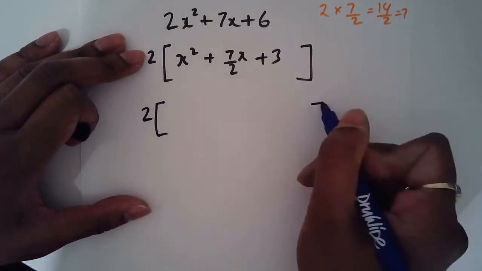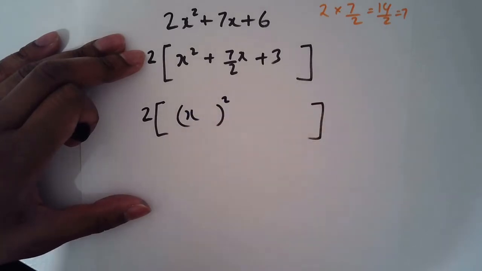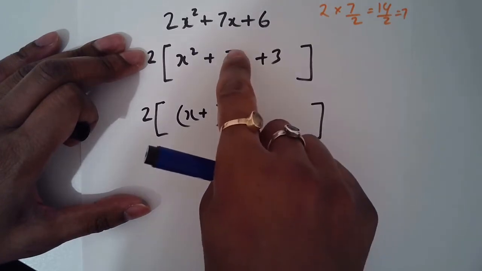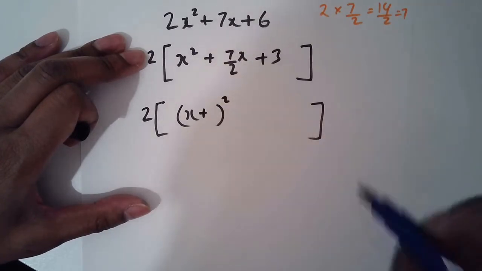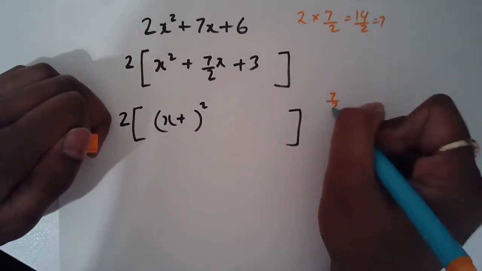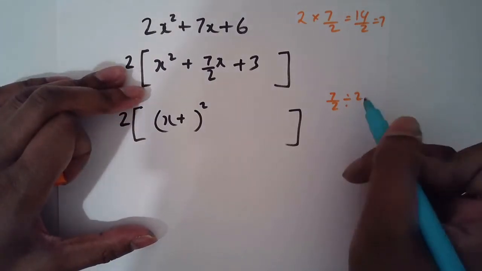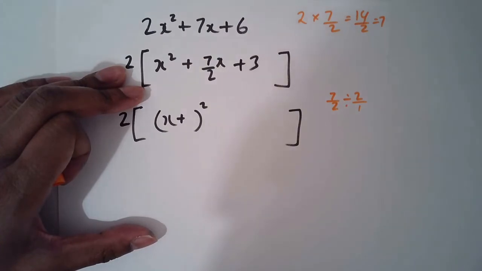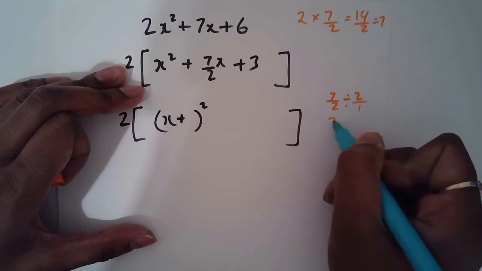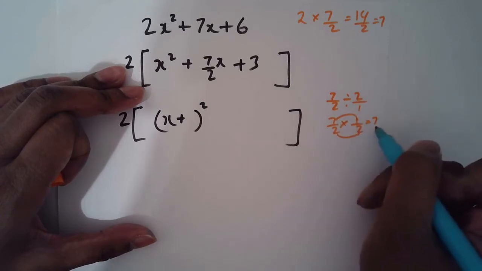Keep the 2 out of play. Always start off with that. Half of 7 over 2. Well, I've got to do 7 over 2, divide by 2. If I put just 1 there, that will be helpful. Remember, whenever you're dividing fractions, it's keep, change, flip. 7 times 1 is 7, 2 times 2 is 4.